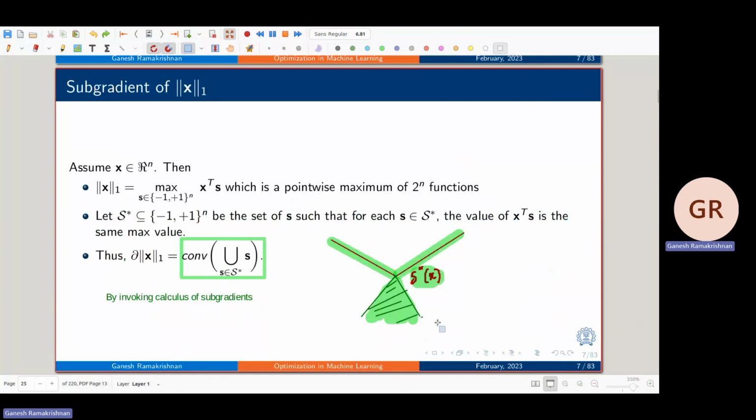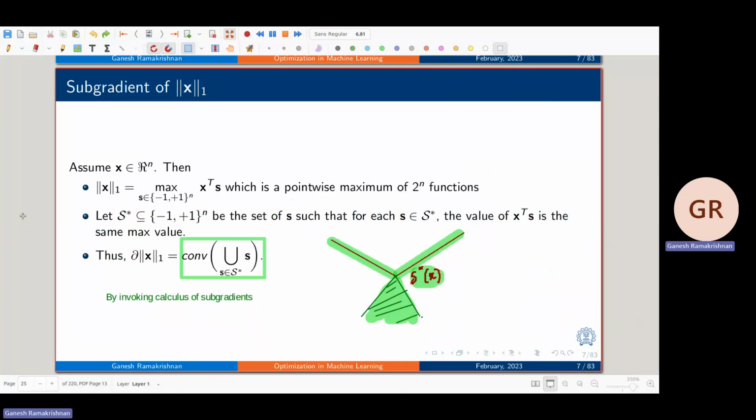This was one boundary in S star X, and this is the other boundary in S star X. This one, this green line. Is that clear? Okay, so we have seen the example of one such property in the calculus.